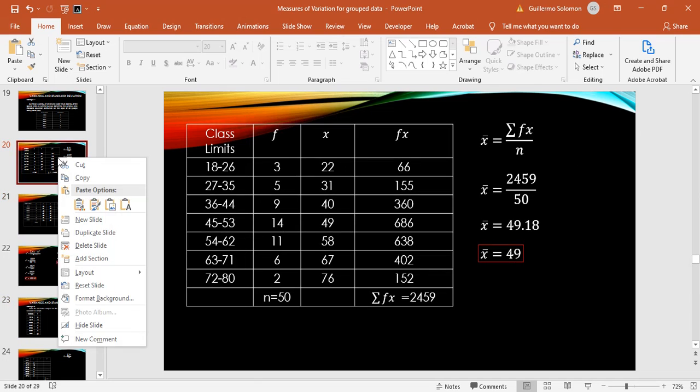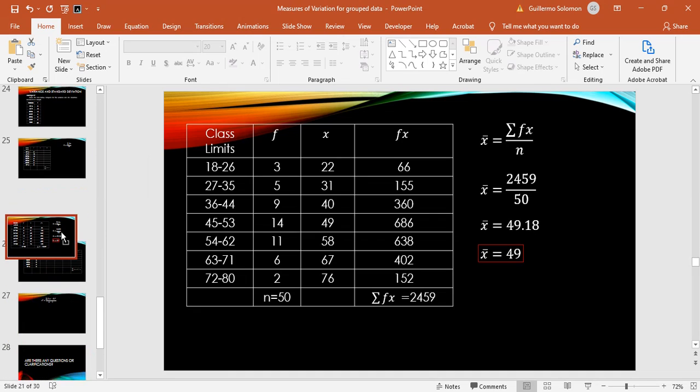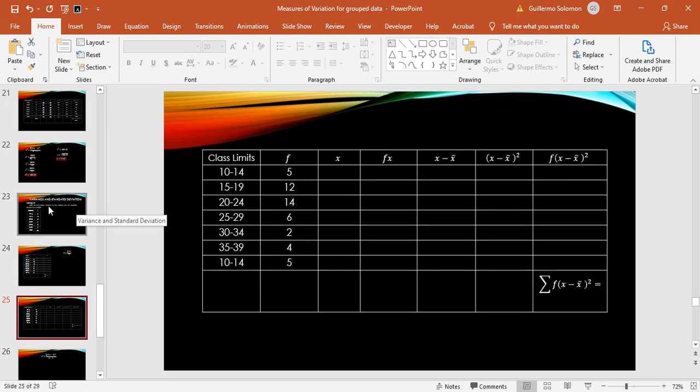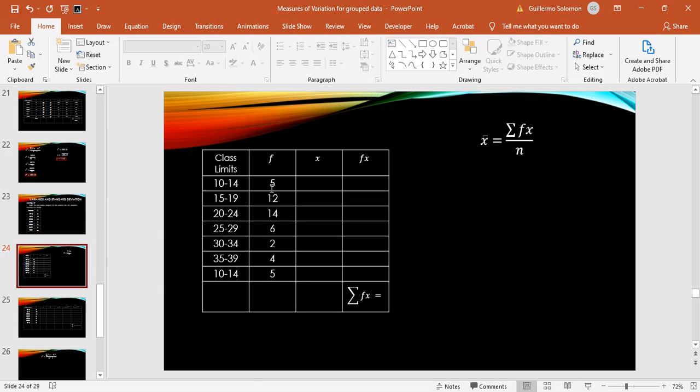Okay? So, first step, kunin lang natin yung mean ng given distribution. Kukunin lang natin yung mean niya. Okay. Sa pagkuha ng mean, unang gagawin natin is kunin muna natin yung class mark ng each class limit.